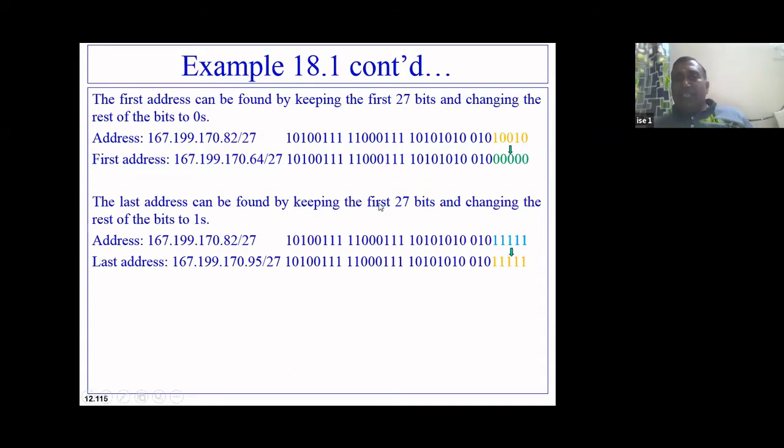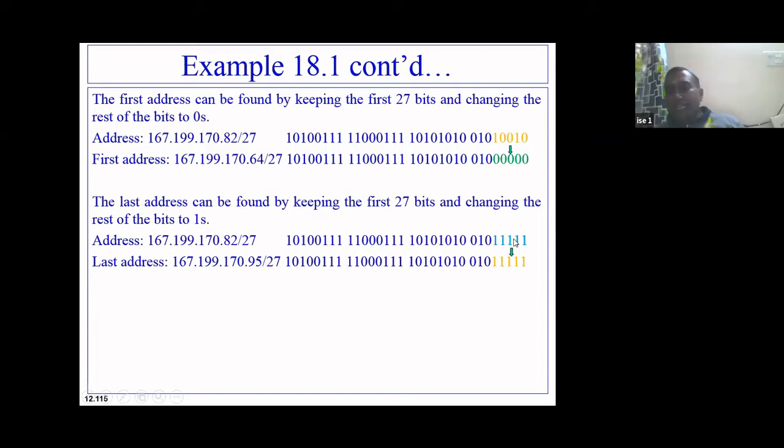Now, if the same scenario is there and I want to get the last address, so if this is the scenario, that address 167.199.170.82/27 means the prefix is 27 bits long. You can see 8 bits plus 8, 16, plus 8, 24, 25, 26, 27.